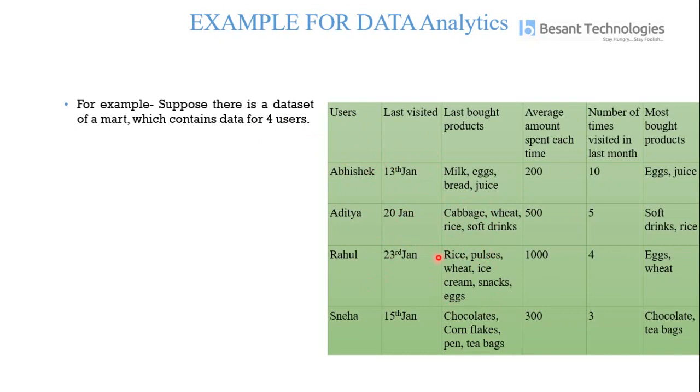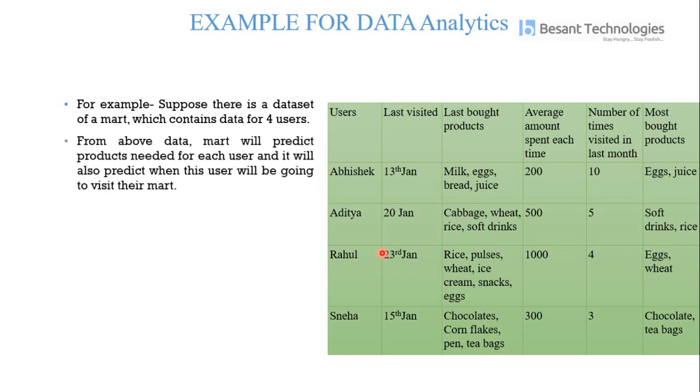From this data set, I am going to analyze and predict. So from the above data, we are going to predict the products needed for each and every user. And we can predict when the user will visit our mart the next time. Like this also we can predict. So this is what data analytics is.